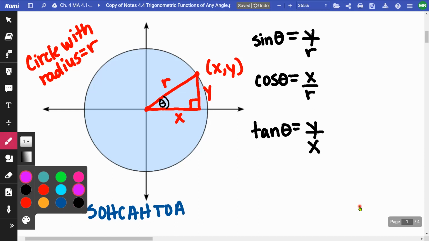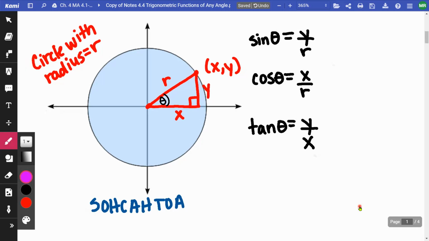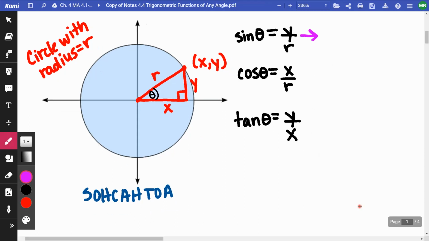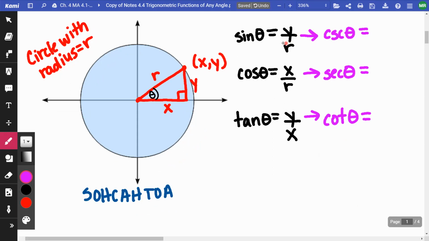Now, when I'm doing the reciprocals, again, the reciprocal of sine, s doesn't go with s. So this is going to be cosecant. Reciprocal of cosine, c doesn't go with c. So this is going to be secant. And the reciprocal of tangent is cotangent. So for these, I'm going to take the reciprocal like I did with my sine.